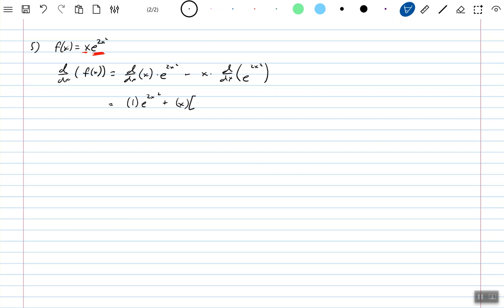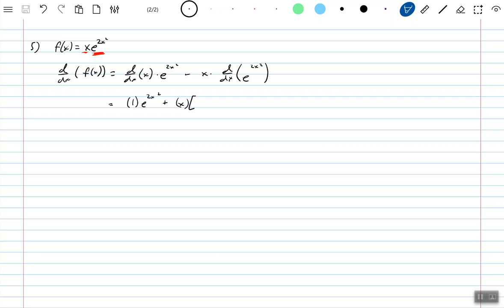Now, we have e to the function of x. If we just had e to the x, the derivative of e to the x is just e to the x, but that's not the case here. We have the derivative of e raised to a function of x, not just x. So we have to use the chain rule.